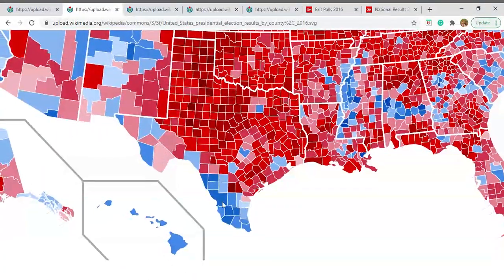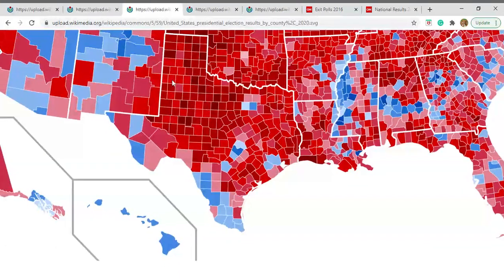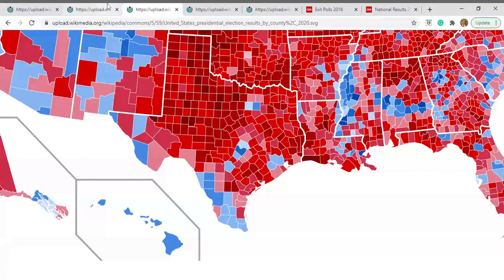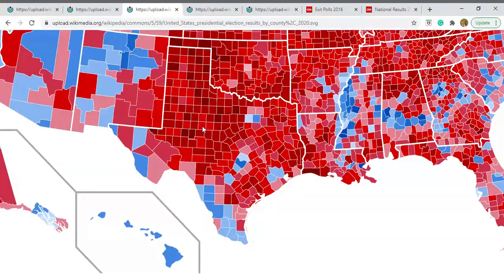Look at the difference between 2016 and 2020. This is one of the few areas that Joe Biden did not do as well as Hillary Clinton. Look at that shift. And you can see Joe Biden flipped this county, and this county, and this county. He flipped a few counties, and he narrowed the state overall.